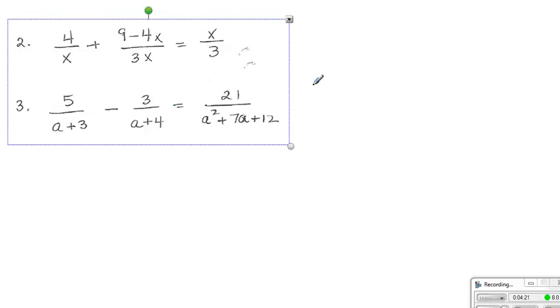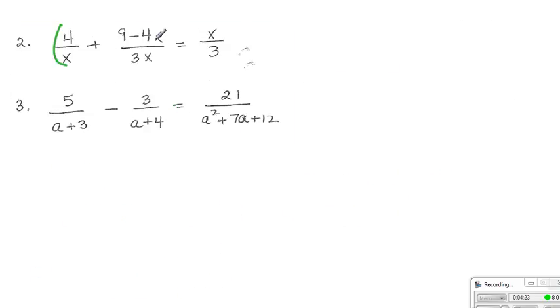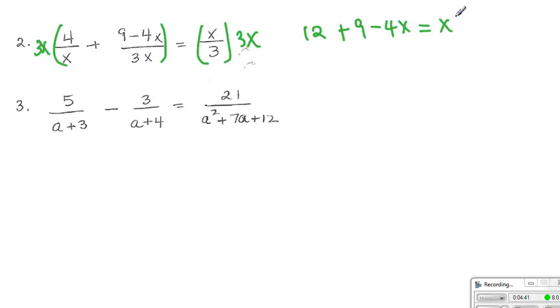Alright, let's look at the same thing here. What should we multiply? That's right, 3x for both sides. Then here we end up having 12, because the x's cancel out, and then plus 9 minus 4x, which is equal to, here the 3 cancels out, x squared.